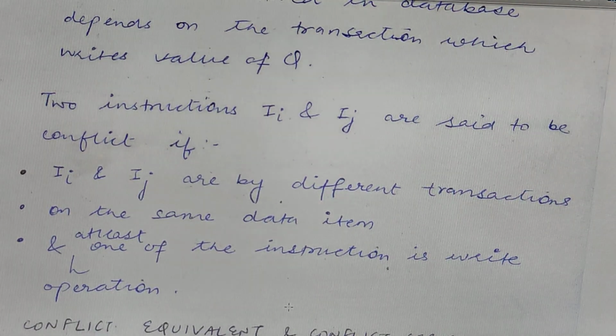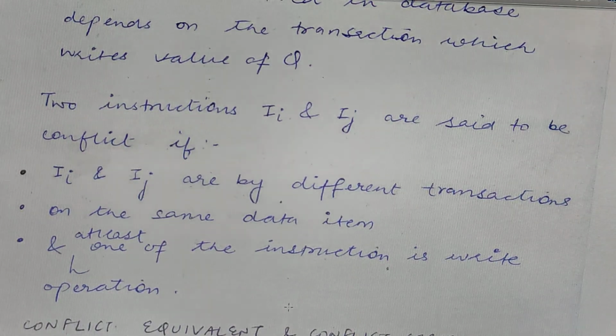If they both belong to the same transaction, then there is no possibility of conflict, right? If both instructions are from different transactions and on the same data item, then the conflict can occur. If they are working on different data items, then there is no issue of conflict. I guess you can understand this.